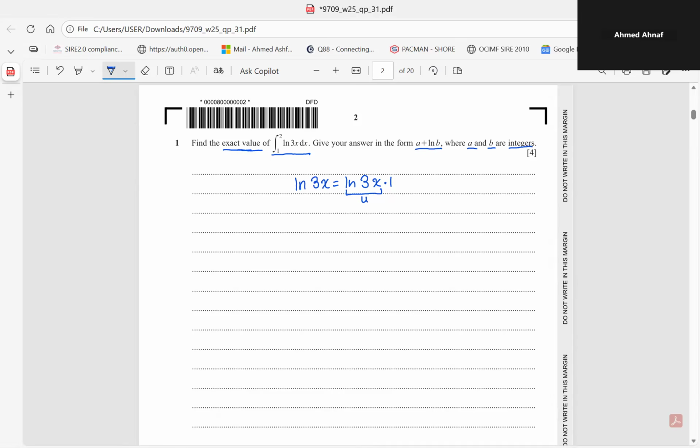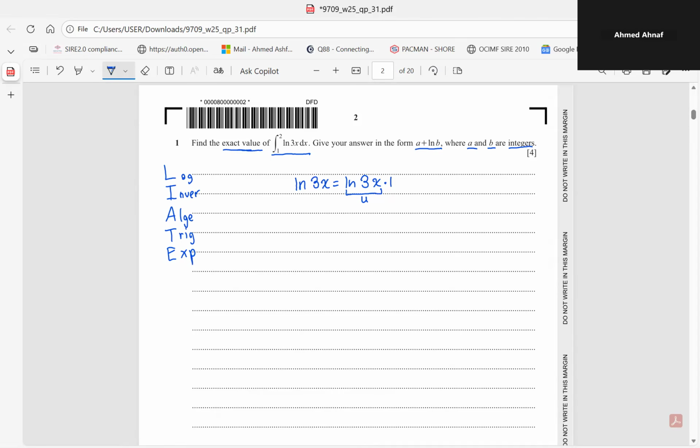To choose our u, we need to use the rule LIATE. L is logarithm, I is inverse functions, A is algebraic, so your x squared, x cubed, x to the power of n, T is trigonometric, and lastly E is exponential.